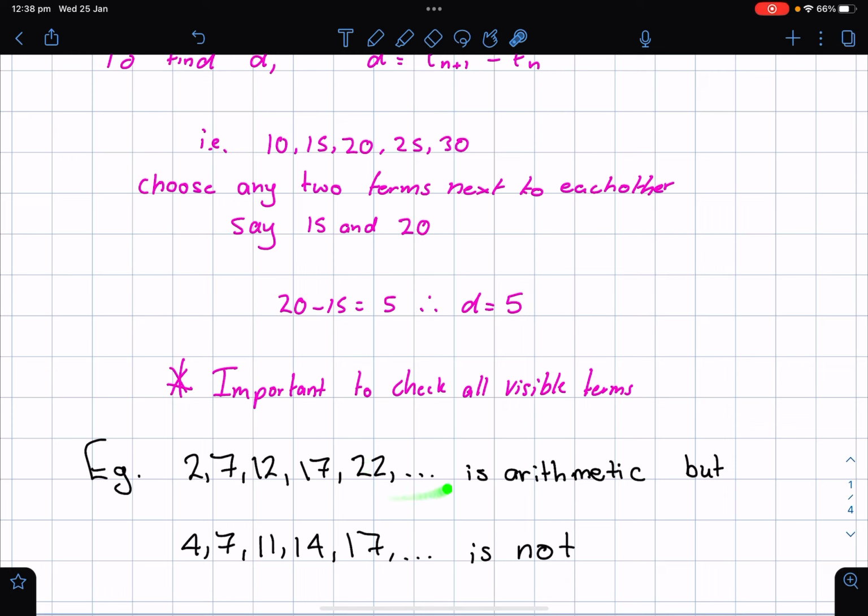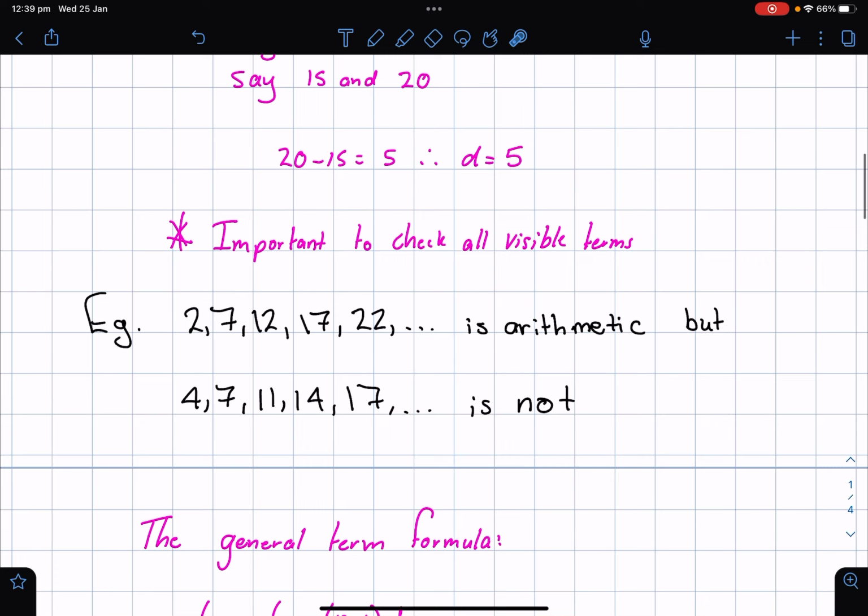Now this has a common difference of 5, but if we look here, 4 to 7, that's a common difference of 3. 11 to 14 is a common difference of 3, and 14 to 17 is a common difference of 3. But 7 to 11 has a difference of 4. So this means that this sequence here is not an arithmetic sequence because this pair of terms does not follow our pattern of our common difference, okay?